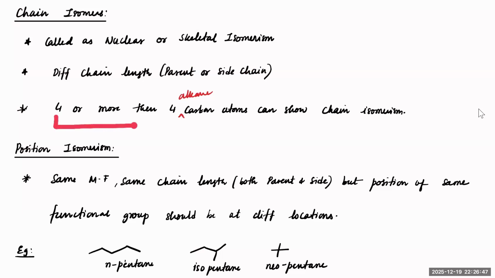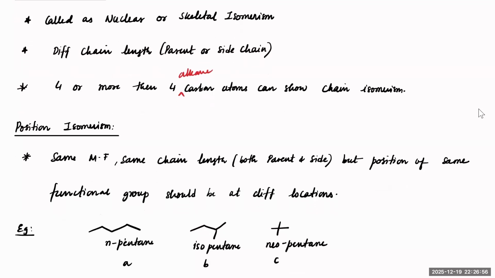Notice, 4 or more carbons should be present to showcase chain isomerism. Okay, everybody, so it is very simple. If, on writing the IUPAC name, you have a different root word, that means they are chain isomers.